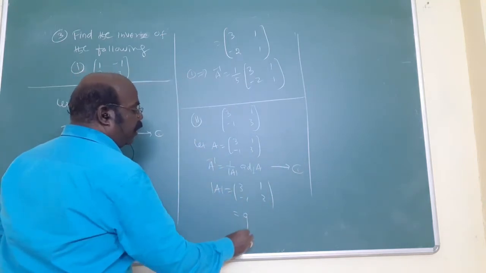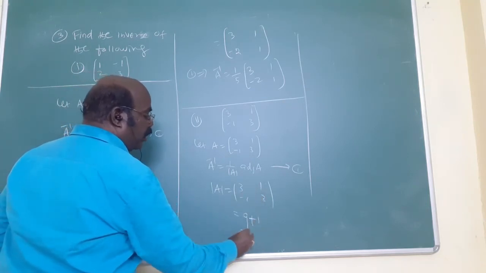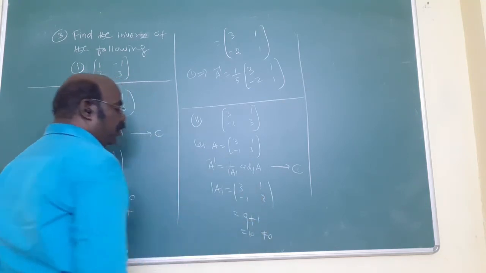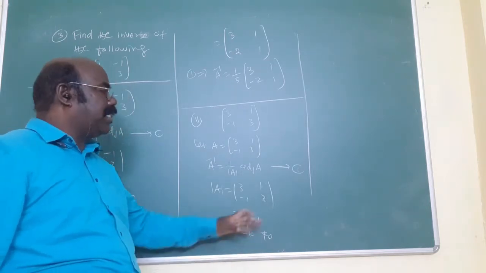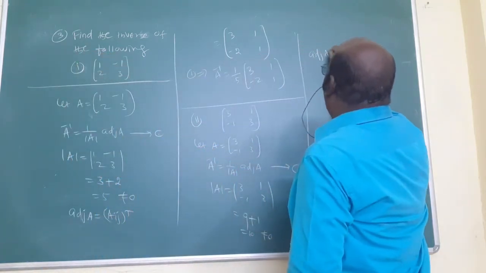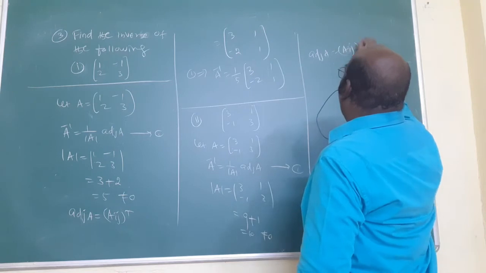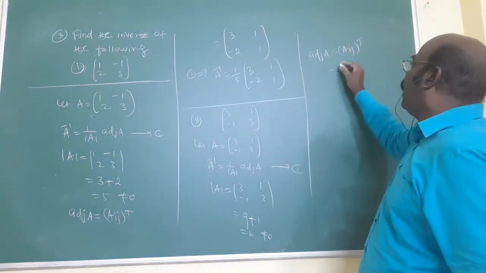Now multiply: 3 into 3 is 9, plus minus 1 into minus 1, that is plus 1, that is 10, not equal to 0. You must mention clearly not equal to 0. If it is 0, then A inverse does not exist, that is the answer. Now adjoint is equal to Aij power T, that is the formula. In the first diagonal, 3, 3, the same one.